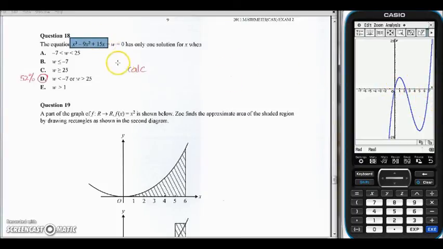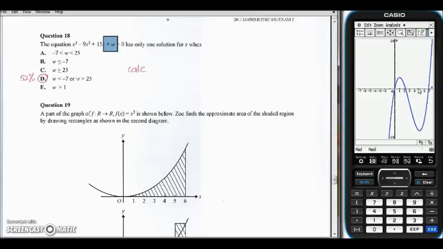Now, if I look at what happens with w, if I've got a plus w, depending on what w is, it's either going to move this graph up or move the whole thing down. So this point here, which was negative 25, if I move the whole graph up so that this minimum went above the x-axis, then I'd only have one x-intercept.